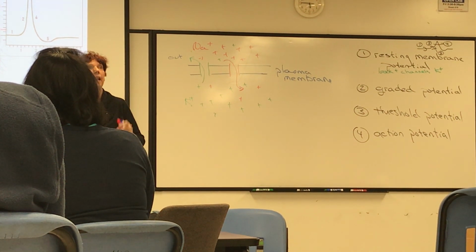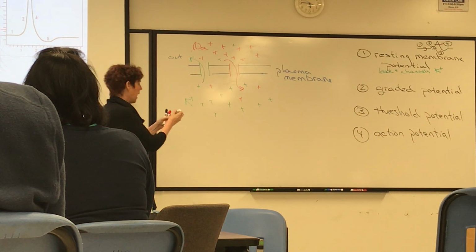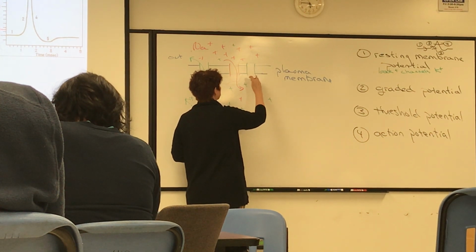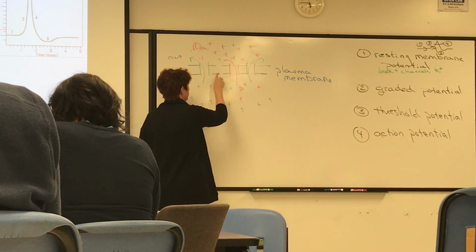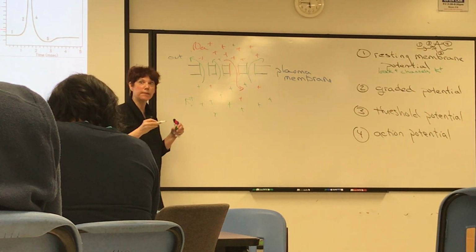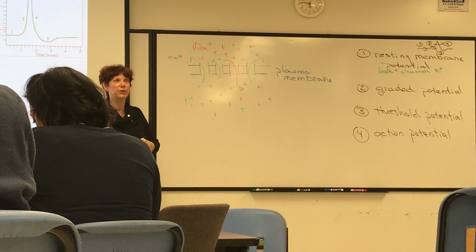There are many more leak channels for potassium. Okay. So we have more leak channels for potassium than we do for sodium. And so our way of phrasing that is the cell is more permeable to potassium than it is permeable to sodium.